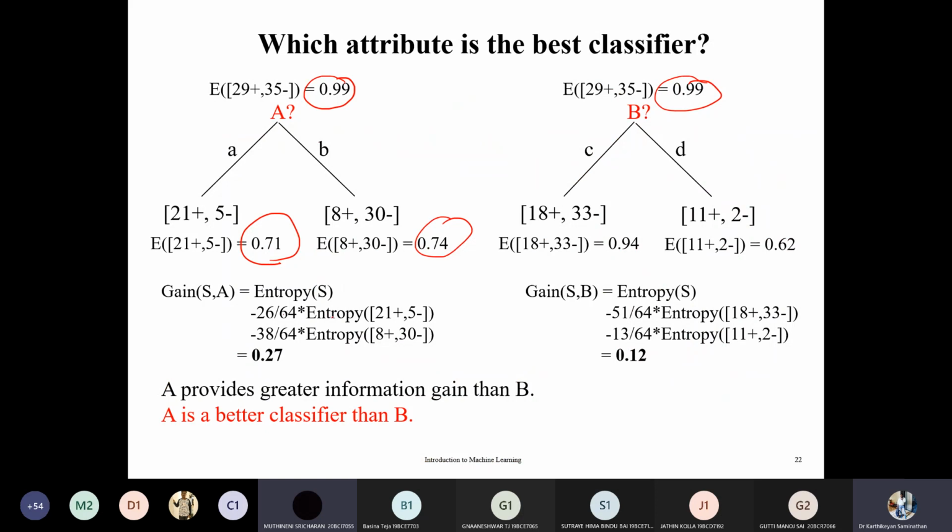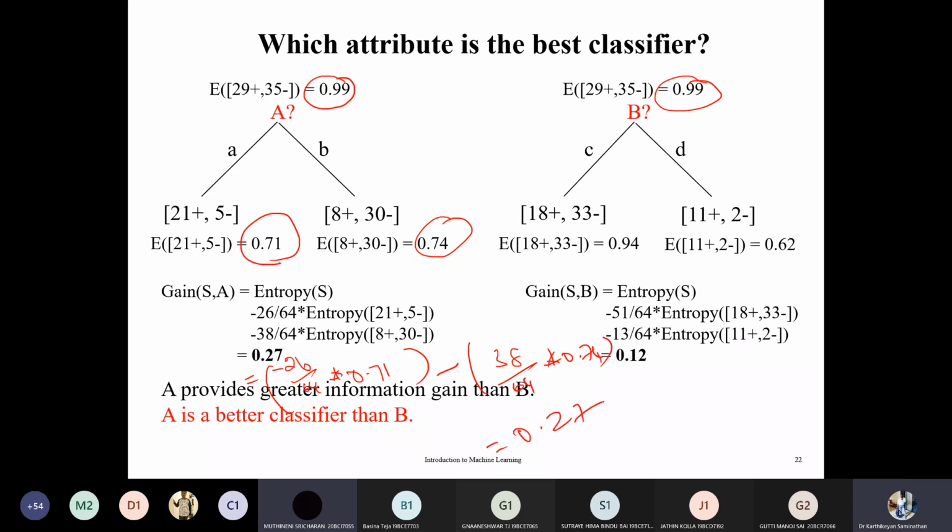Here we can write: entropy of S minus 26 divided by 64 into the entropy of 21 plus 5 minus, which is 0.71, in one bracket, minus 38 by 64 into the entropy of 0.74.